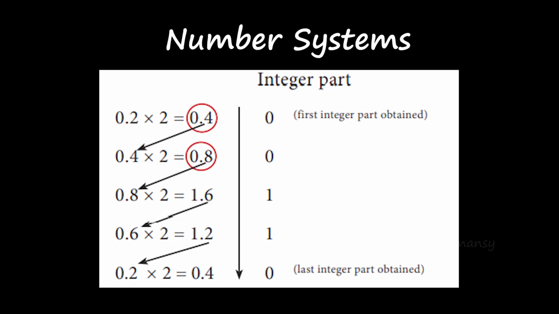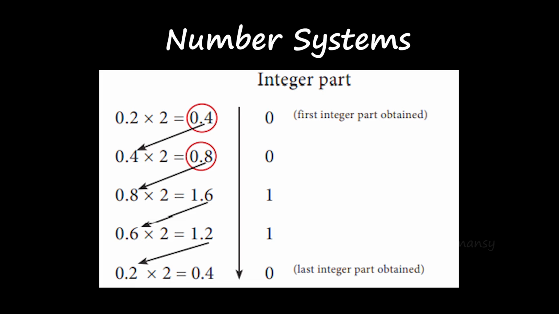And for the right hand side values, you have to write 0 point, and you write the right hand side value and multiply it with 2. So if you are having a value like 0.2, if you multiply it with 2, you will get 0.4, right?